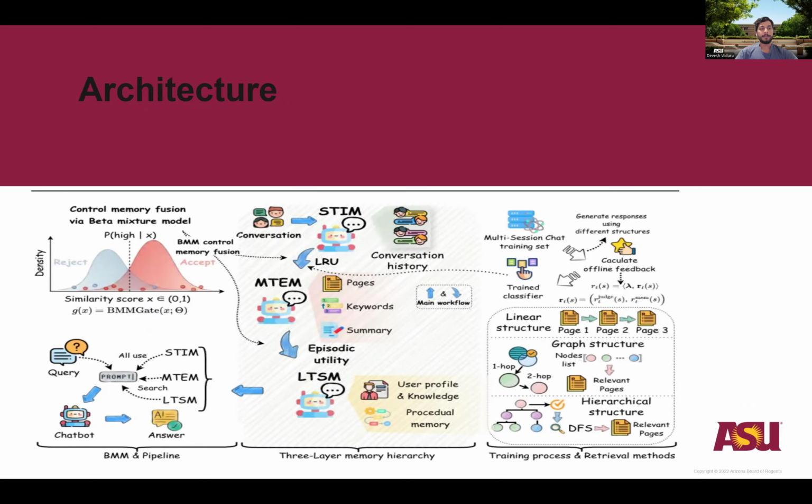This is the architecture. On the top left, we have the beta mixture model gate. On the bottom right, we have how the query will be asked, and the LLM agent selects from one of the memory structures for that query.